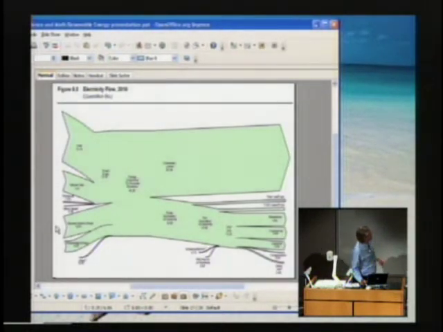This is the electricity flow. This actually shows the energy going in and the energy going out into the grid. One thing to note here is that most of the electricity is produced from coal, and then next nuclear and natural gas.